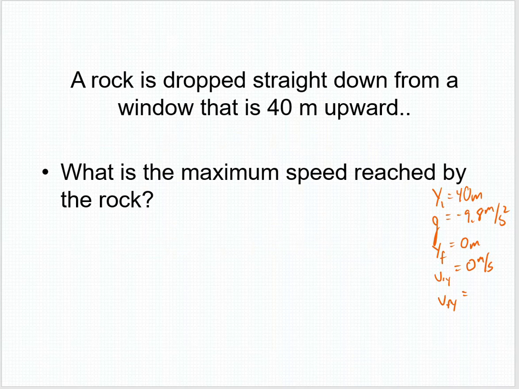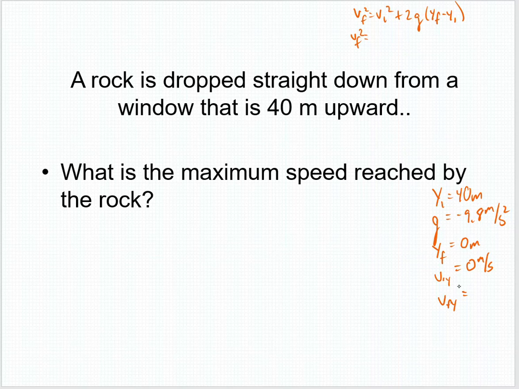So, find a spot I can write this here. It's kind of hard to write. Vf squared equals Vi squared plus 2g times Yf minus Yi. So now it's just a matter of putting in what I know. Vf is what I want to find.